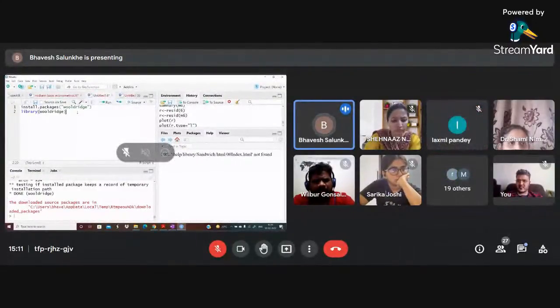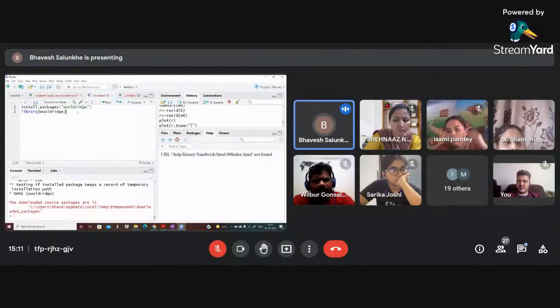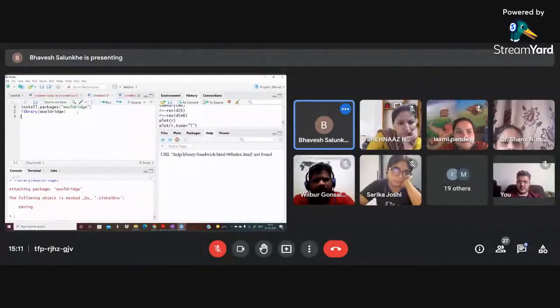Then to load this package in our search path, in our memory, I just type the command library(wooldridge) and press Control Enter. Okay, are you with me?